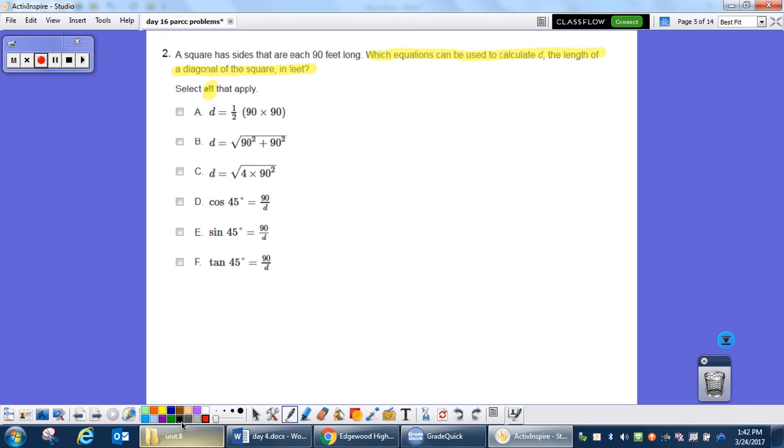First thing I would do is sketch a square. Okay? And we know that squares have right angles. And you will be calculating the diagonal of all those right angles.